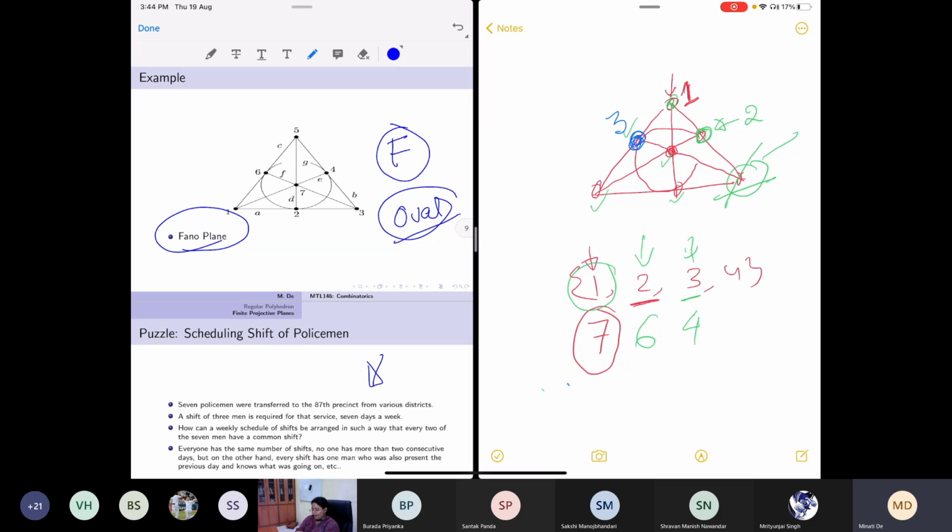Once I have fixed this, how many ways can you fill the fourth position? You can see 1, 2, and 3 are already filled. Now what are the options available for 4? Only one option, right?